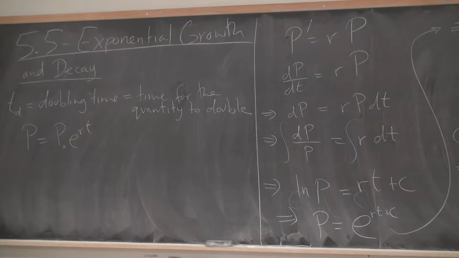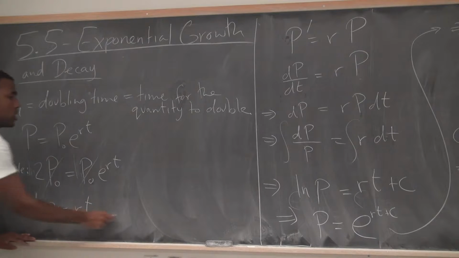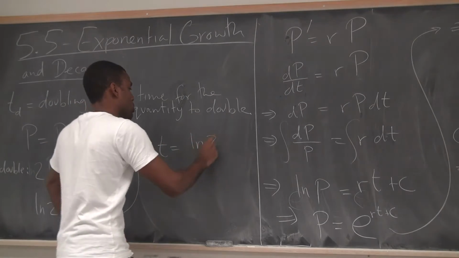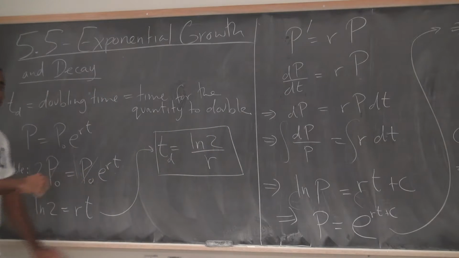So then for doubling, what does this mean if it's double? 2P naught, right? So I start with P naught. I want to figure out how long it takes me to get to twice that amount. Right? I can divide both sides by P naught. If I want to solve for t, I'd ln both sides. So I end up with ln of 2 is equal to rt, which means that my t must be ln 2 over r. And therefore we know that the time to double is ln 2 over r, right?